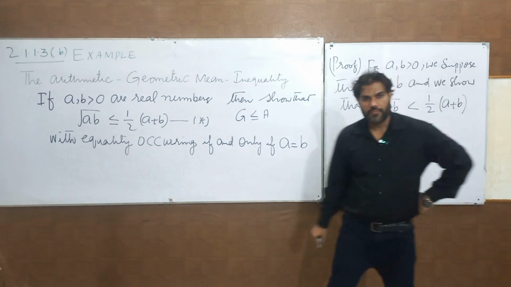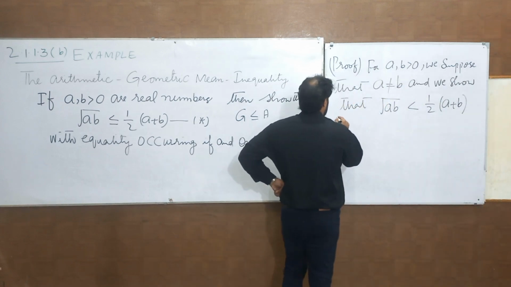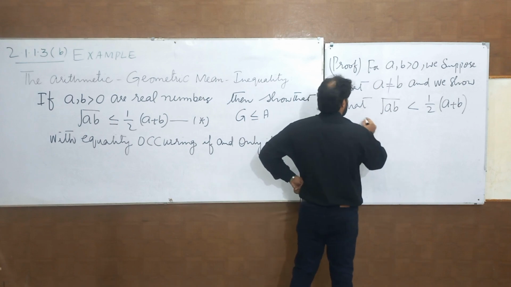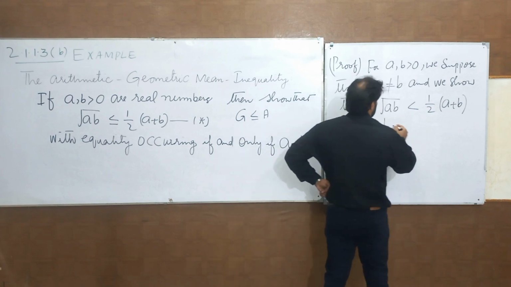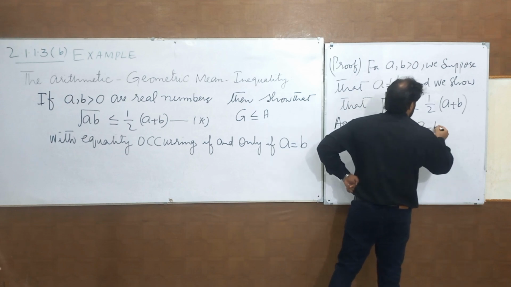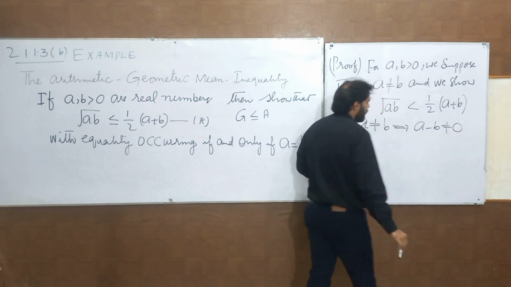As we have assumed that A is not equal to B, this implies A minus B is not equal to 0.